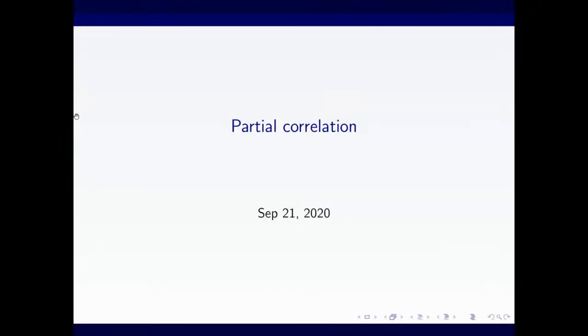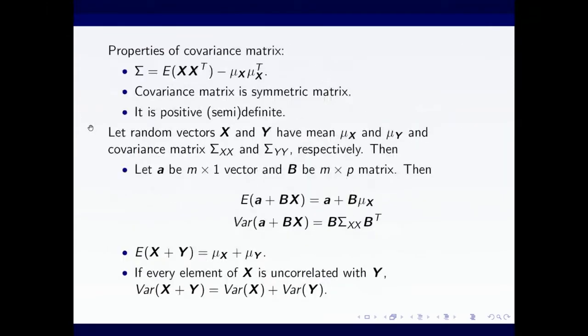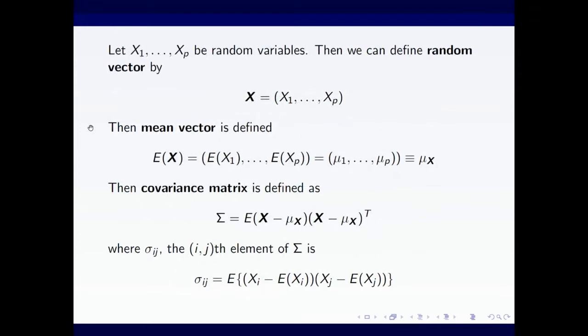So today I'm going to continue about the partial correlation. Last time we talked about the multivariate distribution. We have multiple variables, and we looked at the mean vector and covariance matrix.